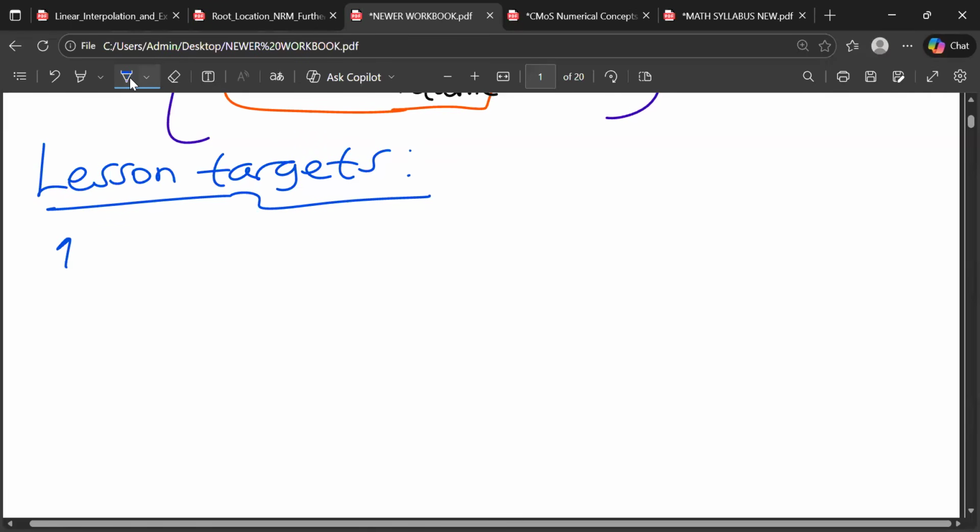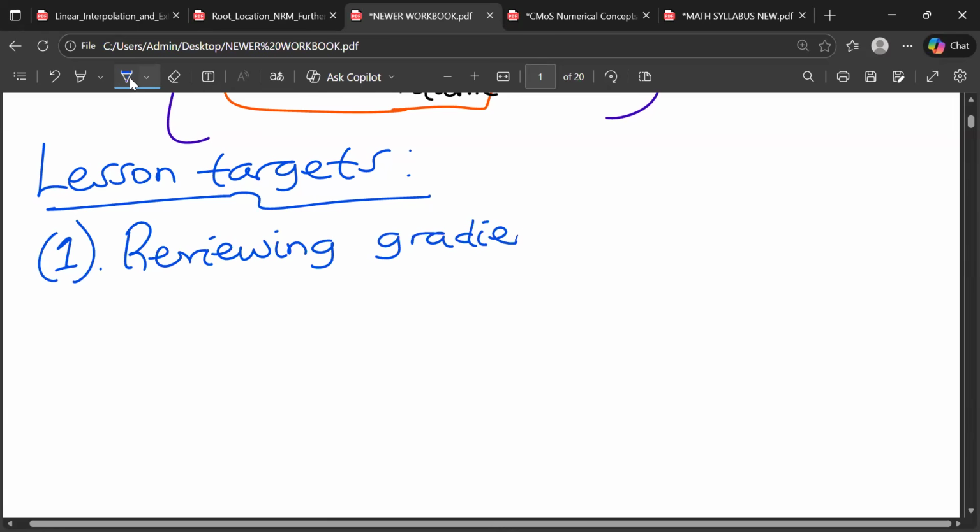Lesson targets. The very first one is of course reviewing the gradient formula.